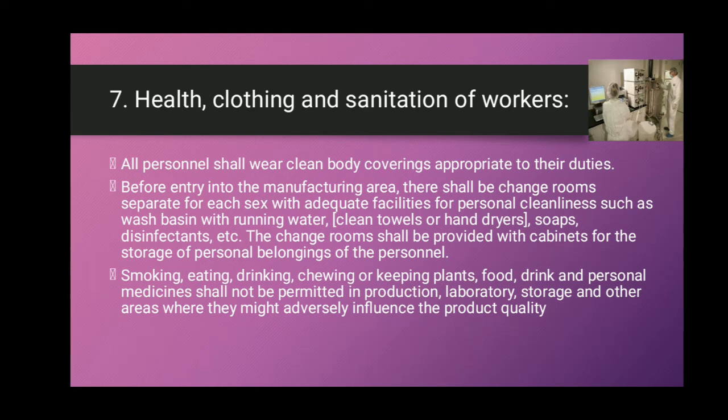Then we have discussed the general requirements of GMP. In this, firstly we saw about location and surrounding. After that, we discussed buildings and premises, that buildings and premises must conform to the conditions laid down in the Factories Act 1948.